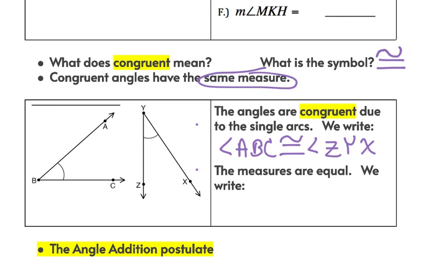So if we want to kind of turn that into measurements being equal, we'd say the measure, the little m means measure, of angle A, B, C is equal to the measure of angle Z, Y, X. So they're very, very similar. If the angles are congruent, their measures are equal. If the measures are equal, the angles are congruent.